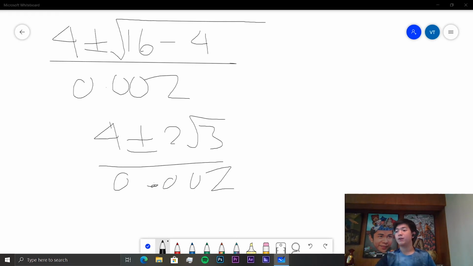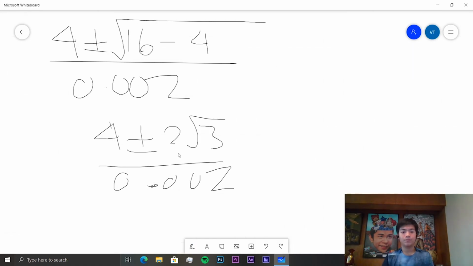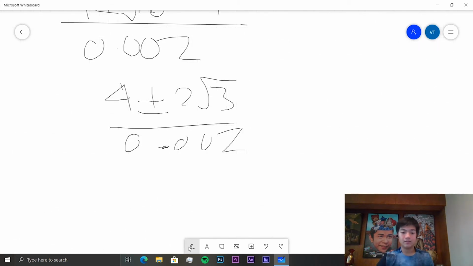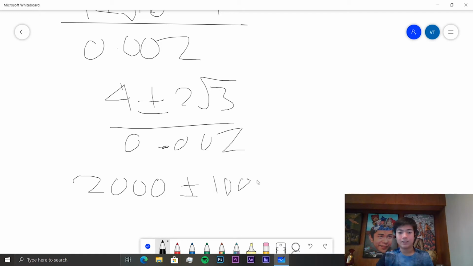If we're overproducing, we'll hit a boundary where we shouldn't be producing anymore. If we expand this, it's 4 divided by 0.004, so we have 2,000 plus or minus 1,000 square root 3. Those are our break-even points.